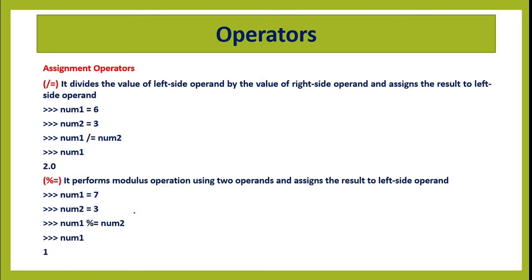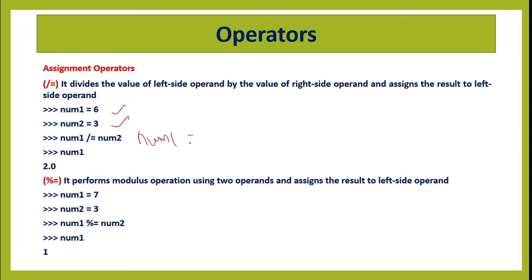So the next one is division shorthand assignment operator. This one divides the value of left side operand by the value of right side operand and assigns the result to the left side operand. See the example, num1 is equal to 6, num2 is equal to 3.